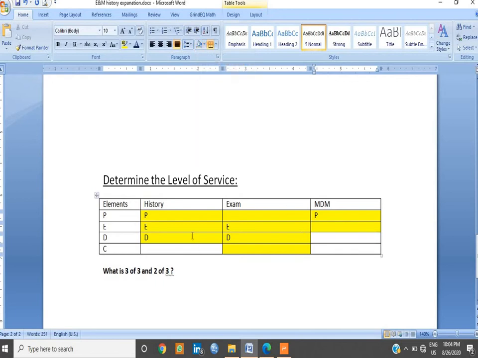For example, here we have detailed history and problem focused examination and not straightforward but low complexity.